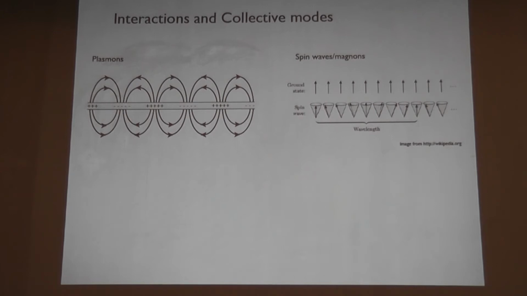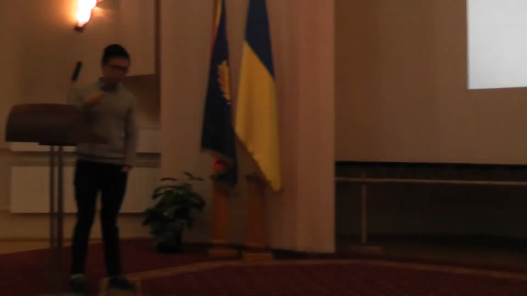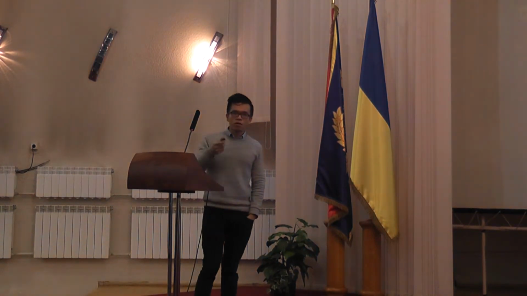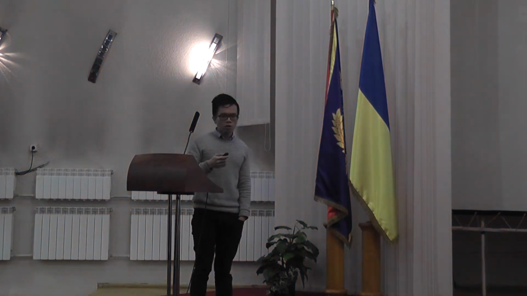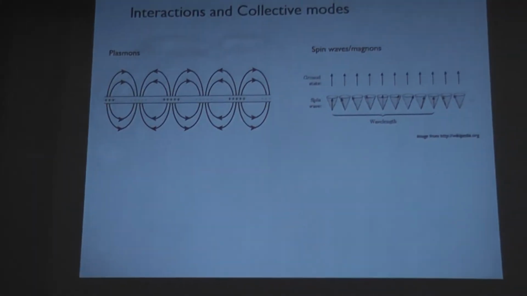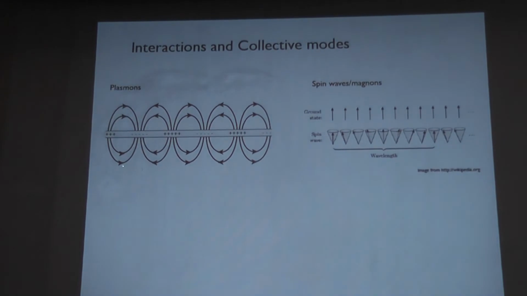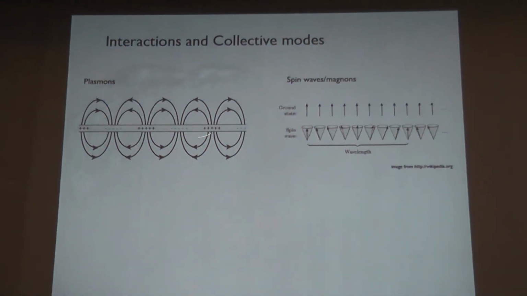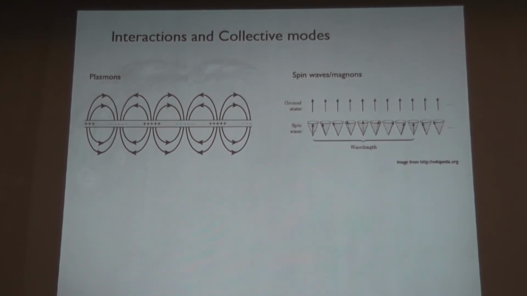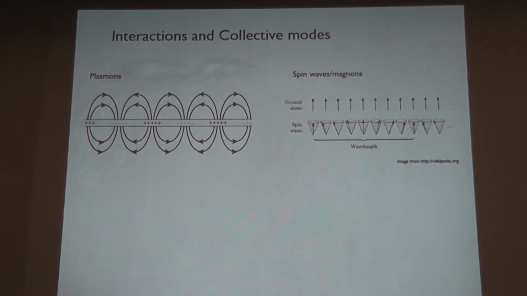If I have a metal, or a system, when I apply interactions, things can happen. Some very exotic things can happen, but also some very run-of-the-mill things can happen as well. For example, we can have a plasmon. These are the collective modes of this Fermi liquid, this metal. In other systems as well, we can get collective modes.